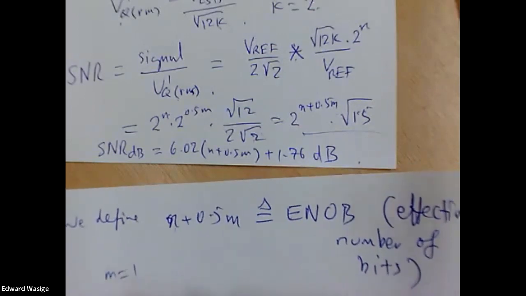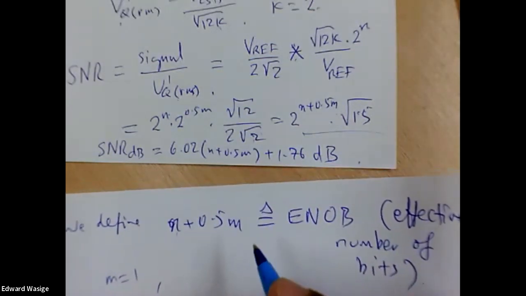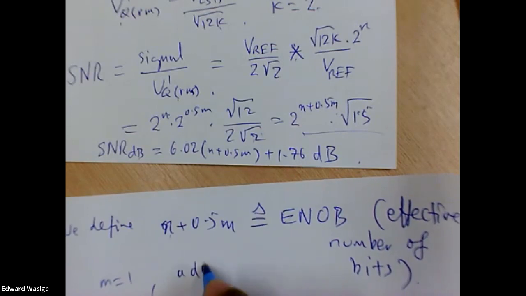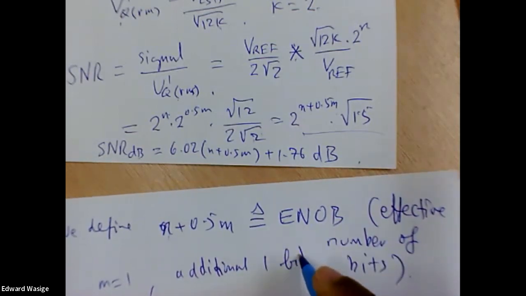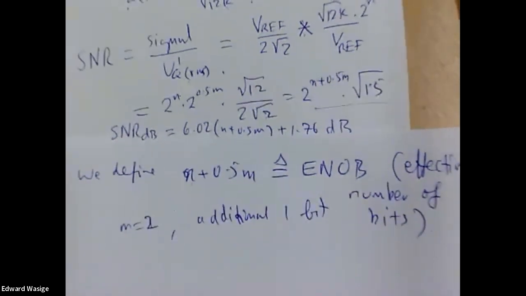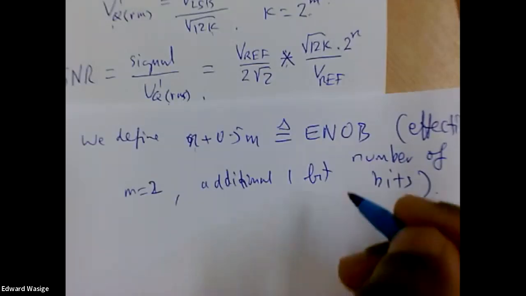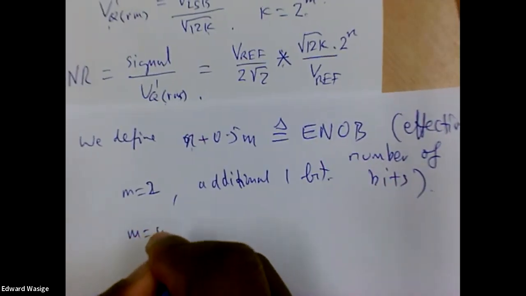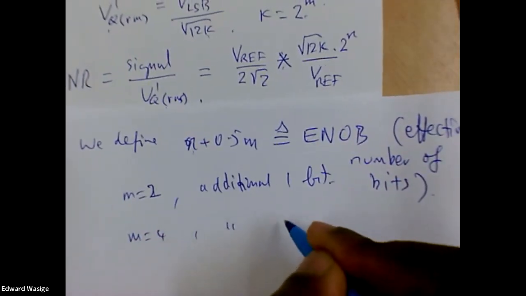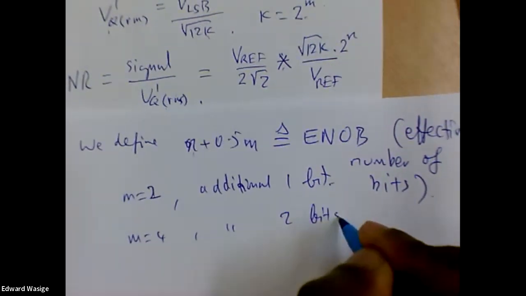So with m equal to 2, we have an additional bit. So if we oversample by a factor of 2, we have an additional bit. With m equal to 4, we have an additional 2 bits.